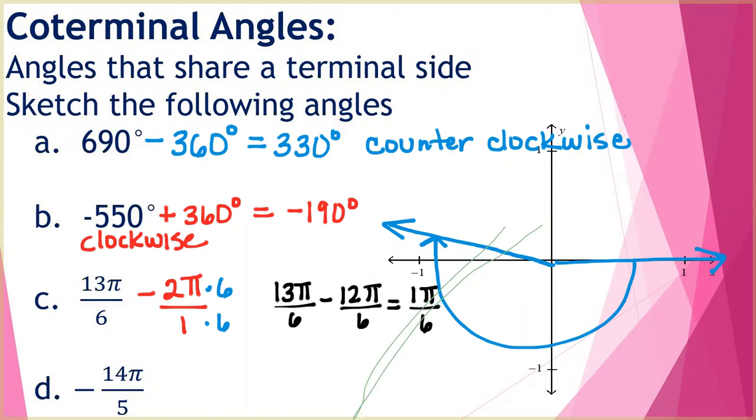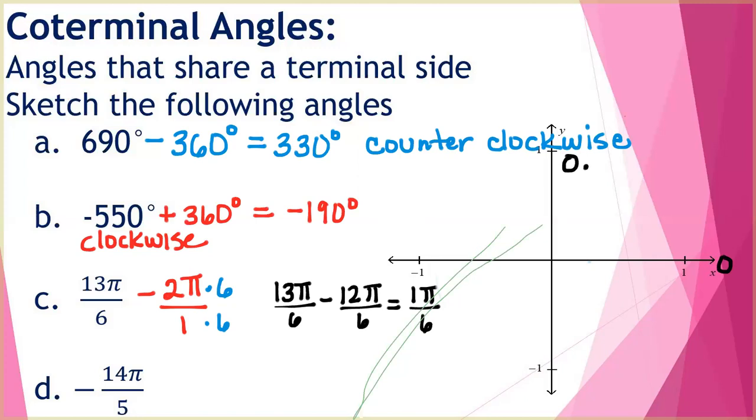So I'm going to graph 1 pi over 6. So when I graph 1 pi over 6, again, keeping with what we talked about, we're counting to 2, but we're going by 1/2.